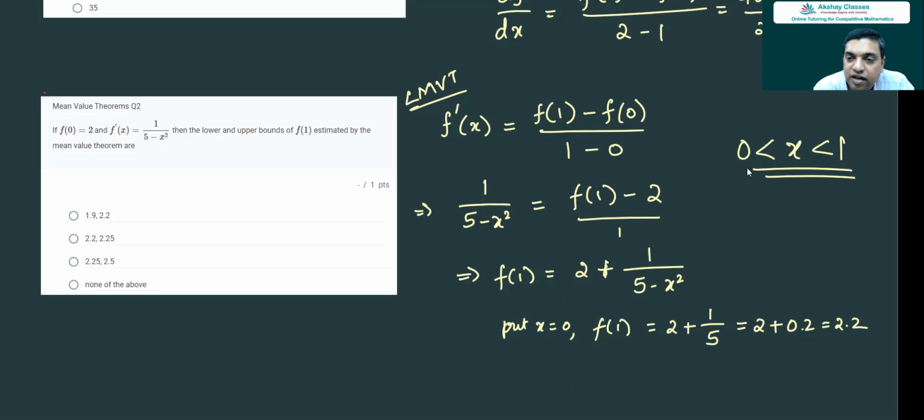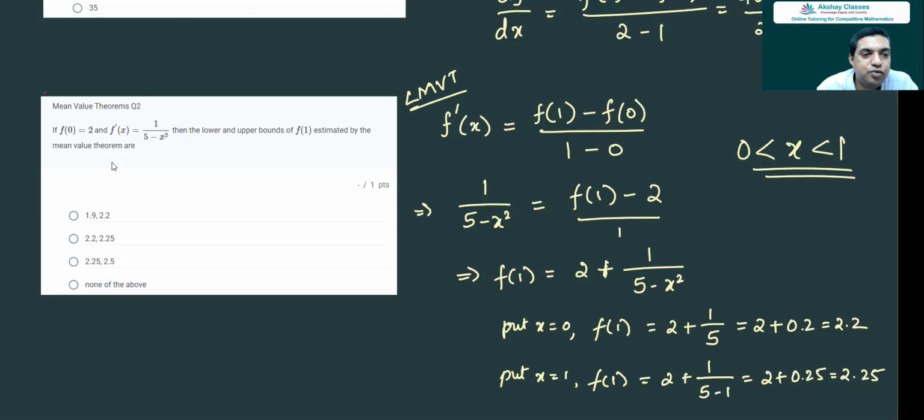Putting x equal to 1, so within this interval 0 to 1, 1 is the maximum value. So the denominator will be least. Two plus 1 upon 5 minus 1, 4. 2 plus 1 upon 4 is 0.25.